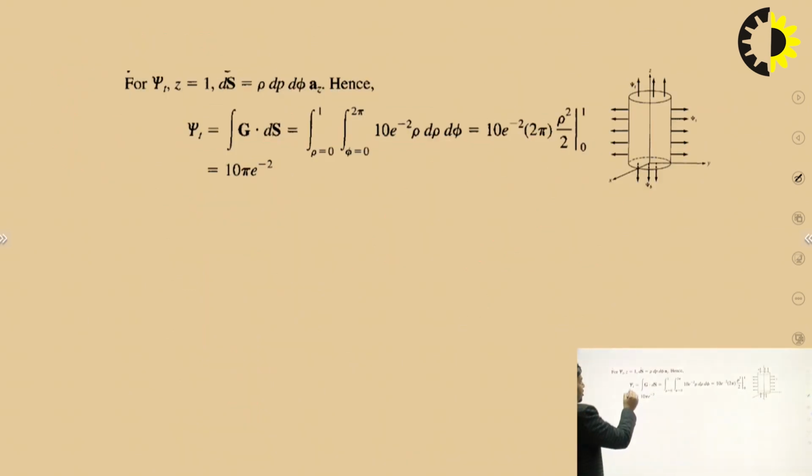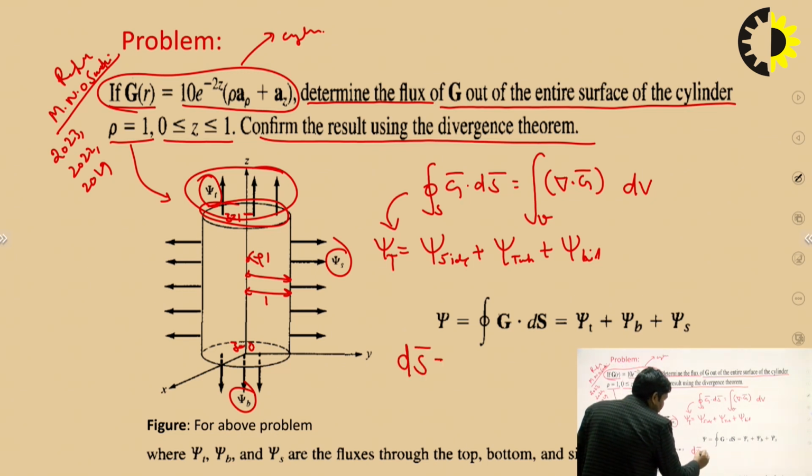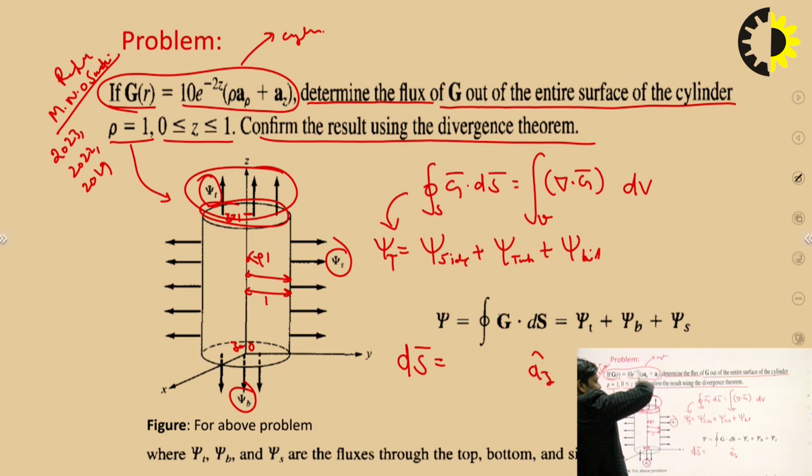So the top flux we have to calculate by G dot dS. In this direction we need to find the surface area. We know the differential surface area in the direction of az, because this is the az direction. So in the direction of az, what is the surface area?